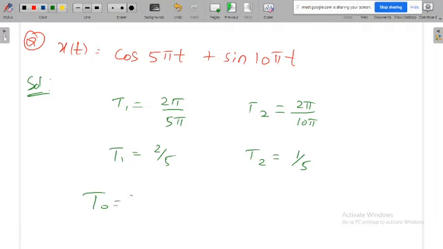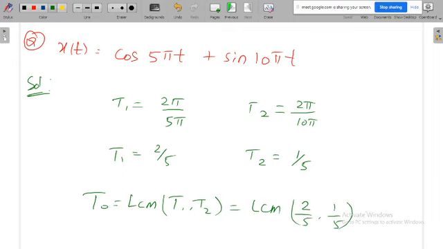T naught is equal to LCM of T1 comma T2, that is LCM of 2 by 5 comma 1 by 5.